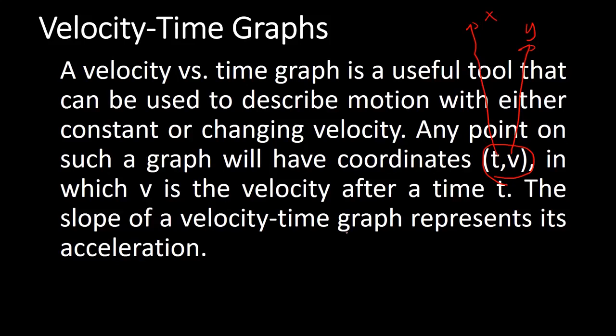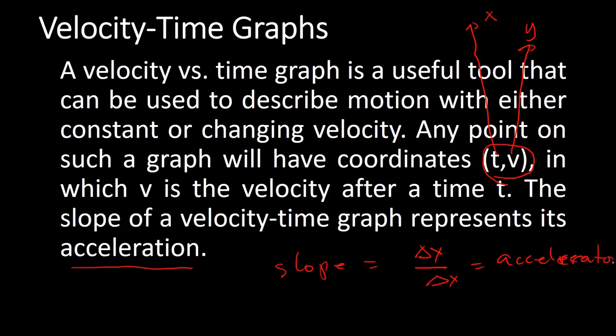So the slope of a velocity time graph represents acceleration. That means the slope, which is delta y over delta x, is equal to the acceleration of that moving object.